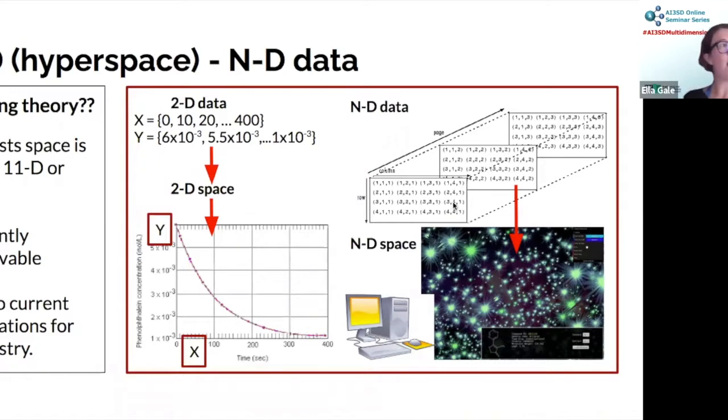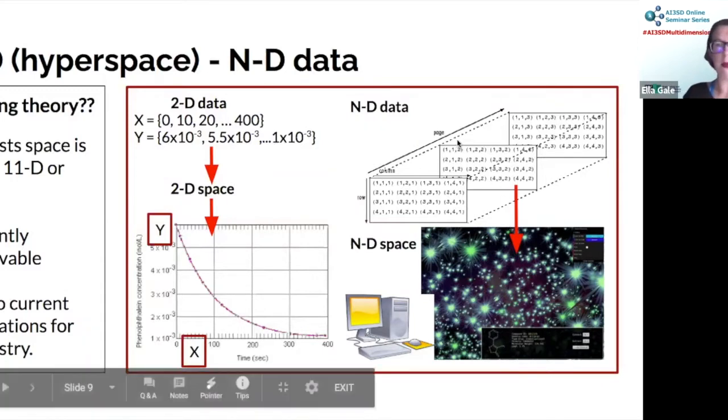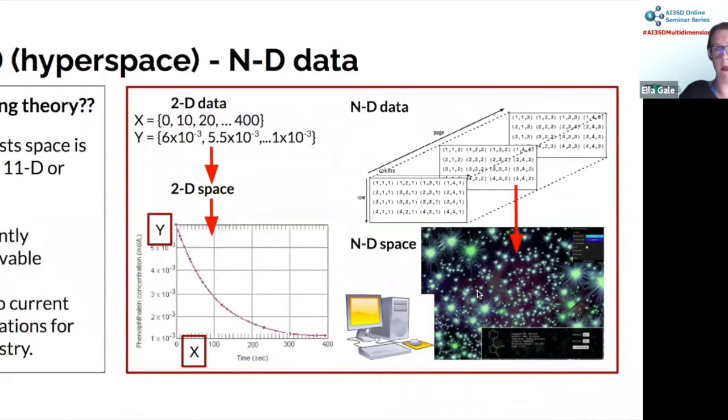So if you have a vector, say, of values of data, say it's 1,000 numbers long, then you can use that to pinpoint a position in a 1,000-dimensional space. So this is really what we're talking about: switching between the data and the idea of the data being plotted in a multi-dimensional space.